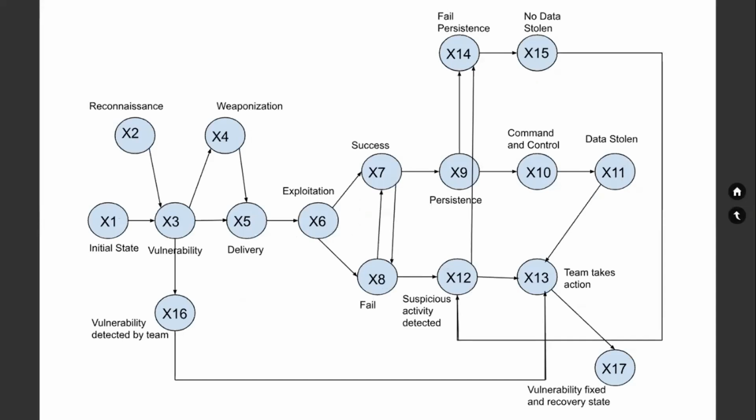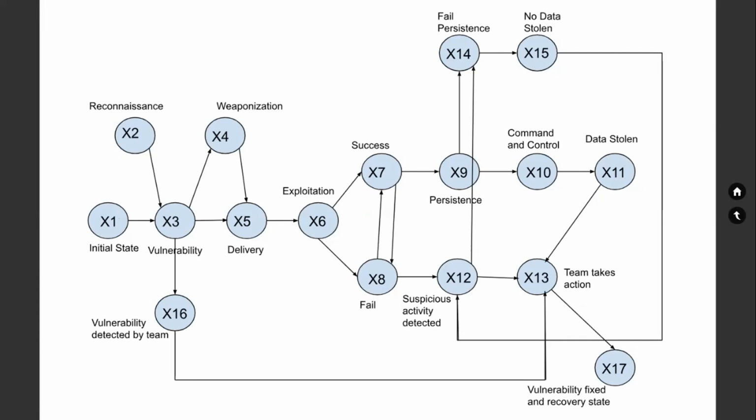If you look at this slide, this is our base network model, which showcases how a cyber attack occurs from two different perspectives, from the organization perspective and also from the attacker perspective. The organization perspective is for X1, so from the initial state, goes vulnerability, delivery, exploitation. But then if you look at X2, X4, X5, and X6, those are stages from the attacker perspective.